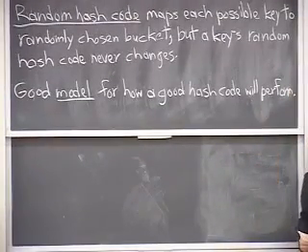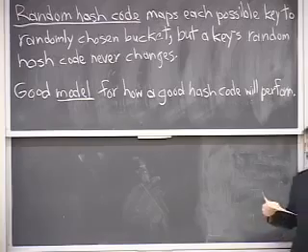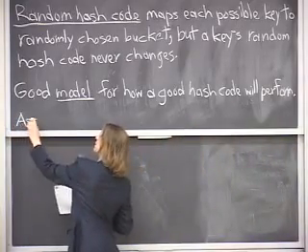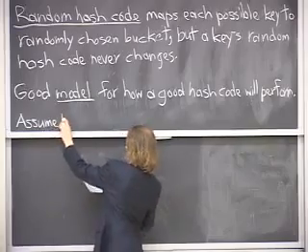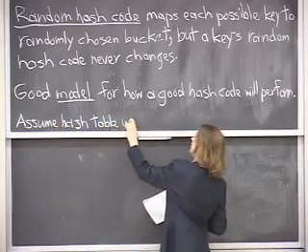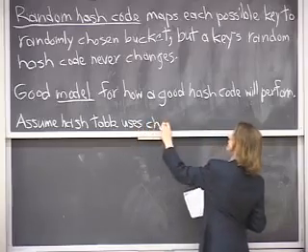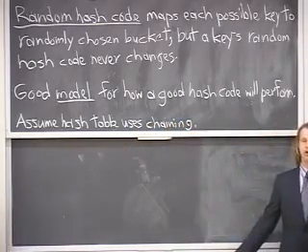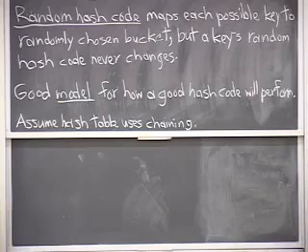Now, to do an analysis based on random hash codes, we're going to make a few assumptions. Well, the usual assumptions. So let's assume that our hash table uses chaining. Now, chaining is the only way of handling collisions that I've taught in this class.